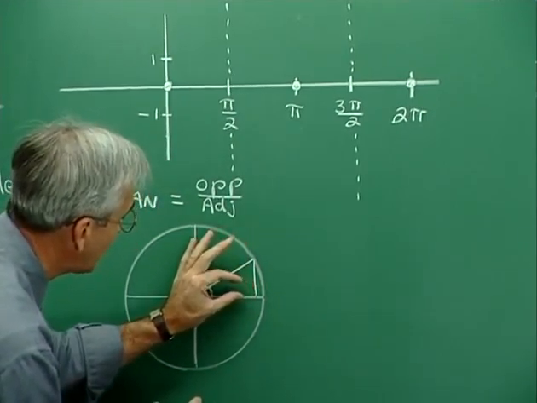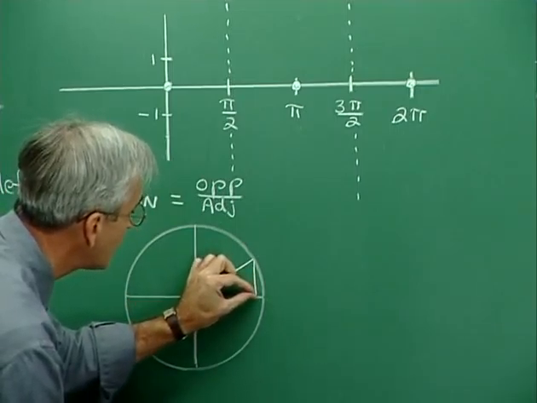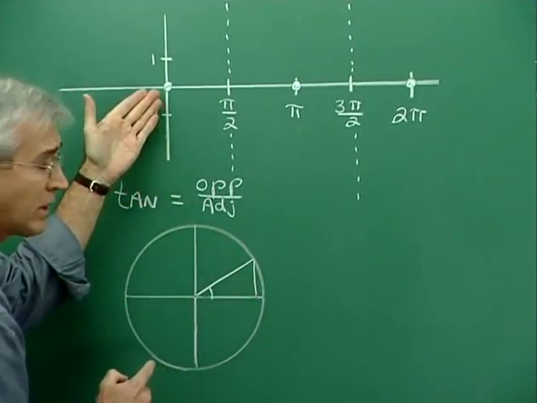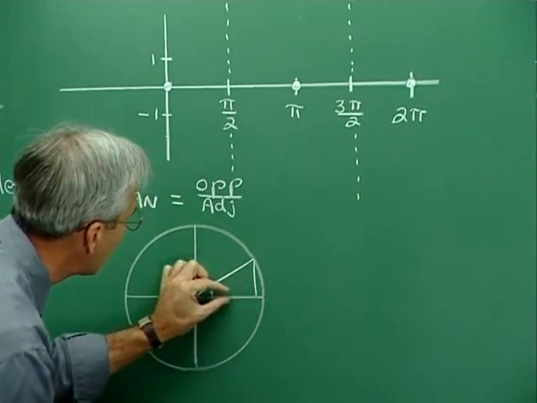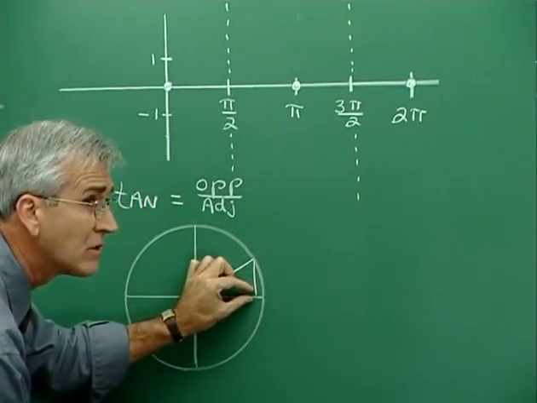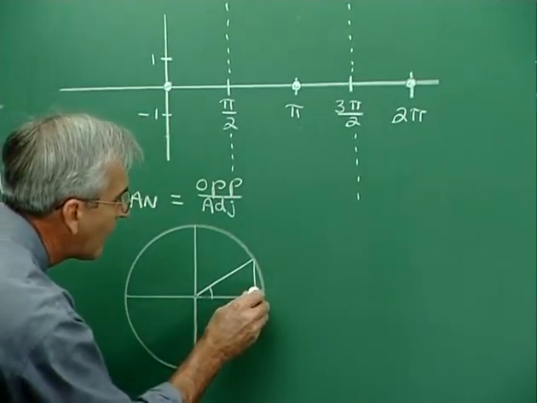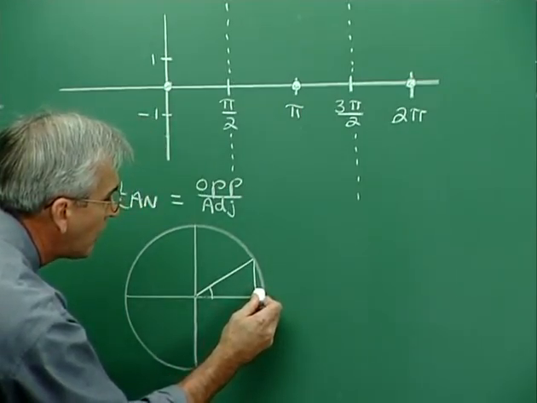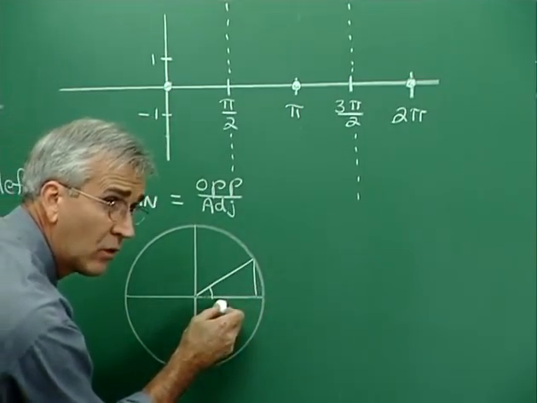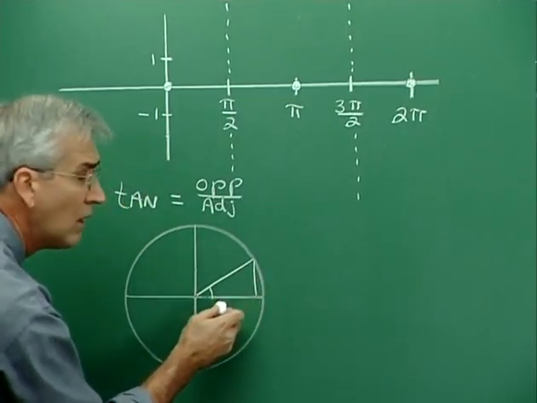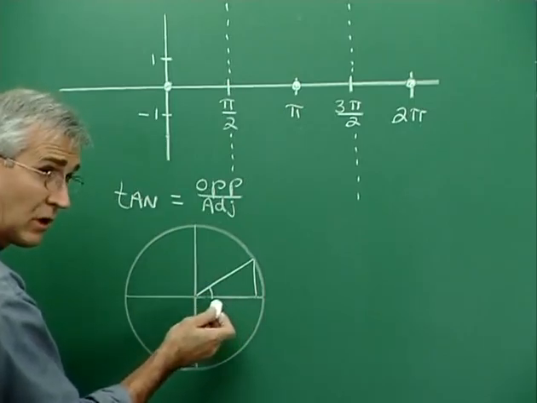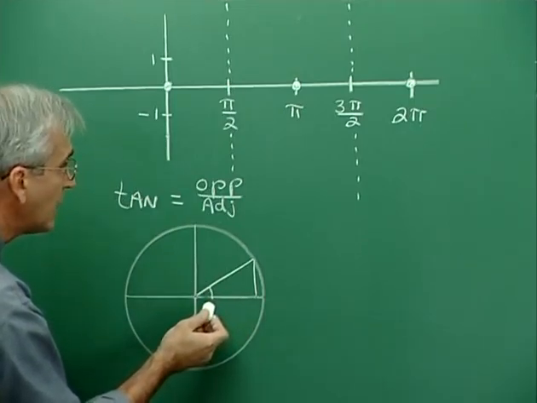Actually at 0 degrees it is 0, and we know that already from the point that we plotted up here. Okay, but what happens as we get a small angle here that has some value? Well, it turns out that we have a relatively small number over a number that's near 1. Well, that's just a tiny fraction. So we have small numbers here for the tangent when we're talking about an angle which is pretty little.